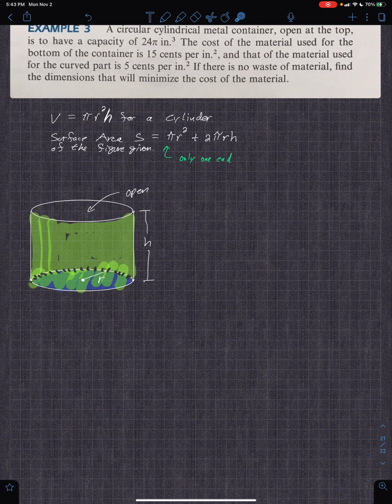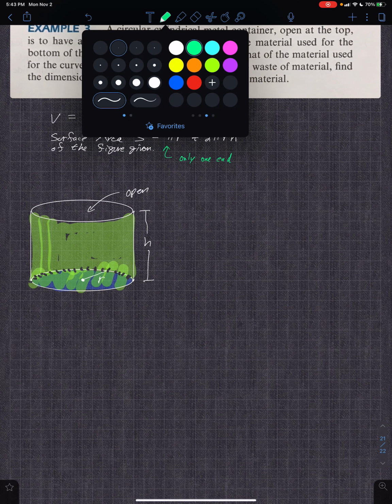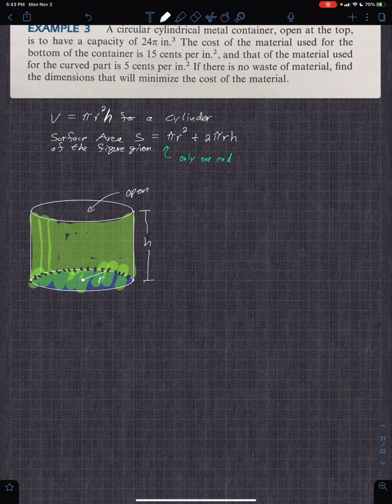So we want to develop now a cost function. That's really your next big jump, is figure out a cost function.